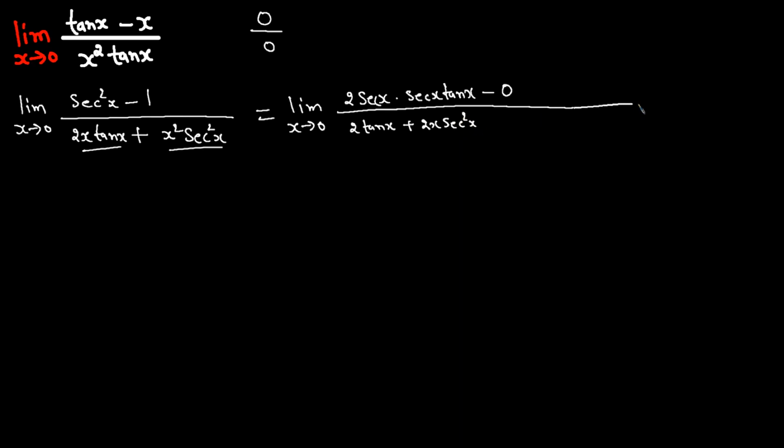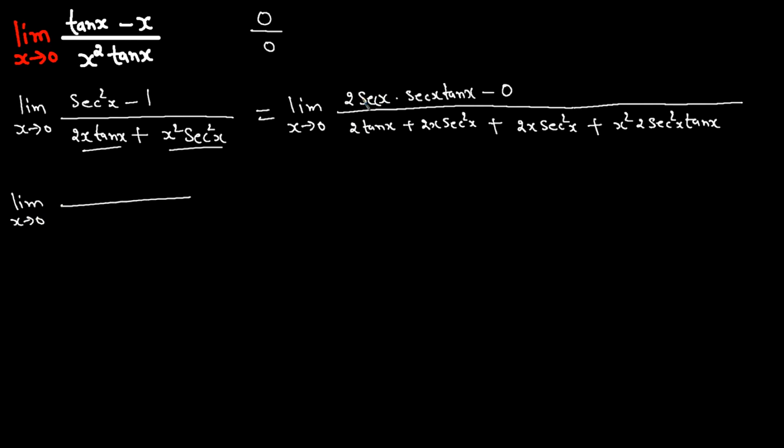Okay, it's going to be a long problem. All right, so second here, the derivative of x squared is basically 2x. I'm going to leave secant squared x as it is, plus x squared, and the derivative of secant squared x, I'm going to write it down from here, which is basically 2 secant squared x tangent x. Okay, and let's rewrite everything over here.